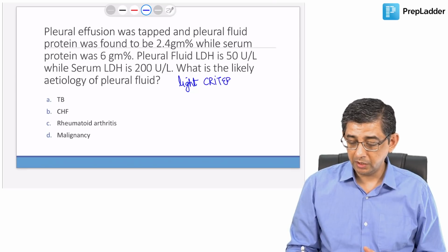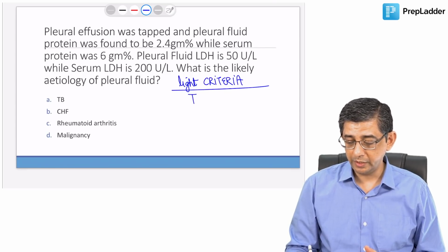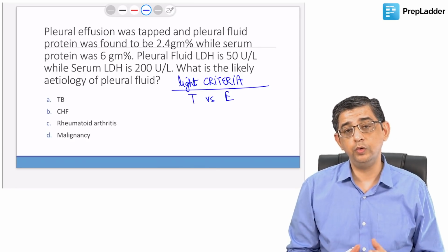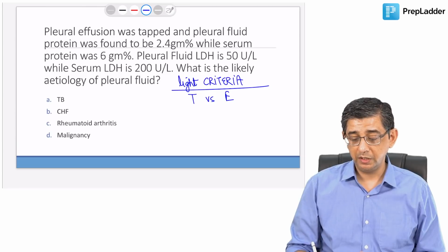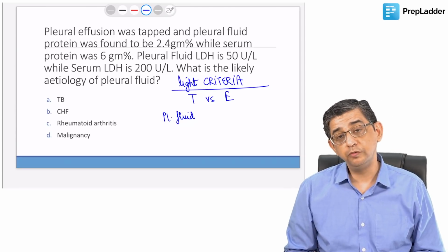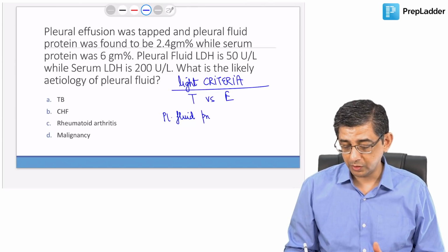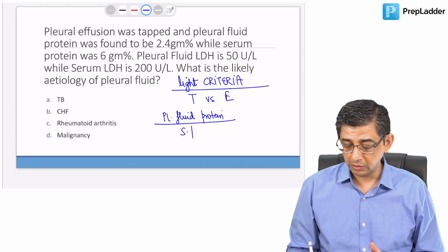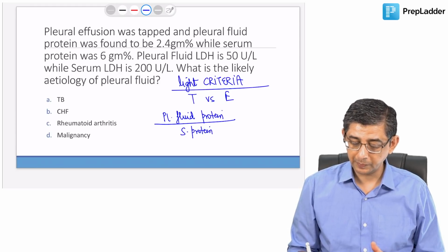Well, Light's criteria are used to evaluate a transudate versus an exudate. How do you know it is an exudate or how do you know it is a transudate? You will basically calculate the ratio. In the numerator, you will be taking the pleural fluid protein and LDH values. So let's put up the pleural fluid protein in the numerator. And in the denominator, you will put the serum protein and you will calculate the ratio.